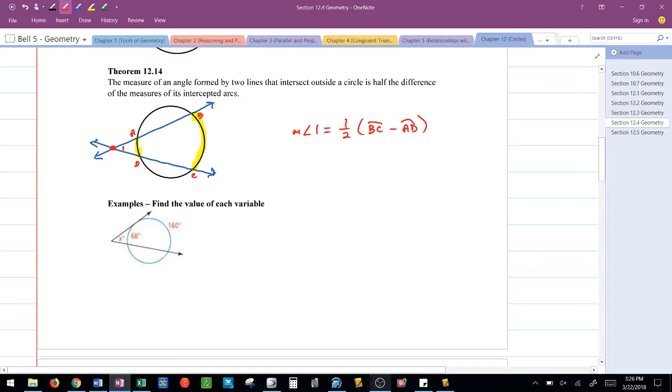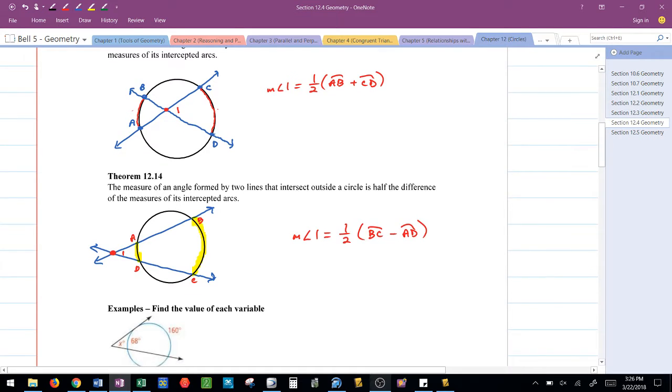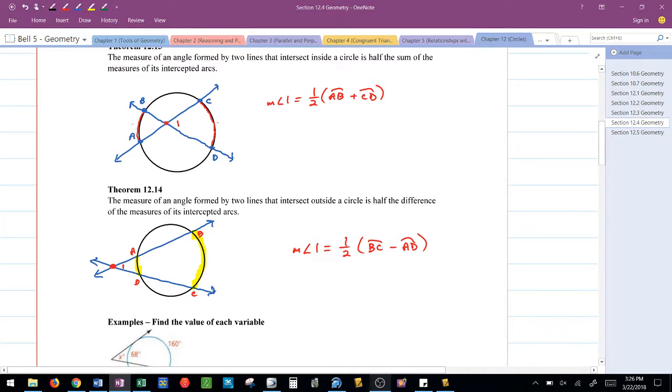Now, here's how I keep it straight for myself. I'm going to go through all four scenarios now. Scenario number 1, vertex is at the center, equal to the intercepted arc. Option 2, vertex is on the circle, equal to half the intercepted arc.